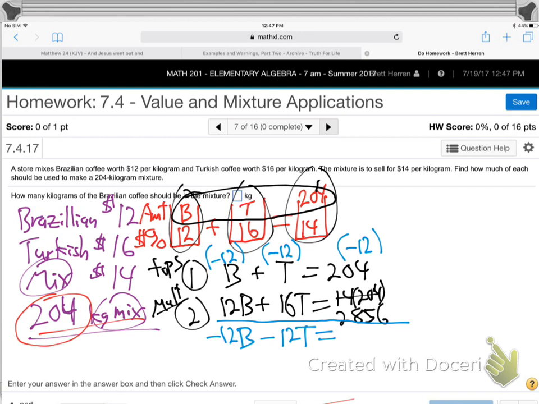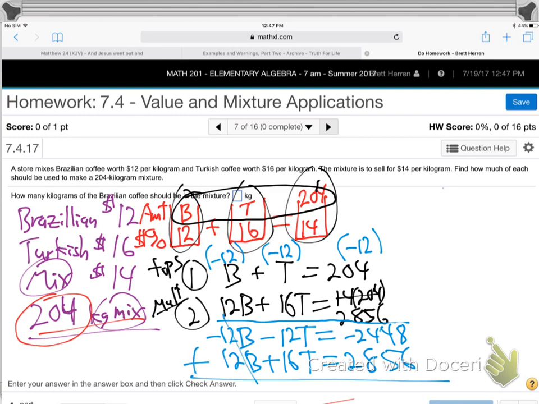What's 12 times 204? One more time, what are you getting? Negative 2448. Yeah, that looks about right to me. 2448 there. And then the second equation, 12b plus 16t is 2856.